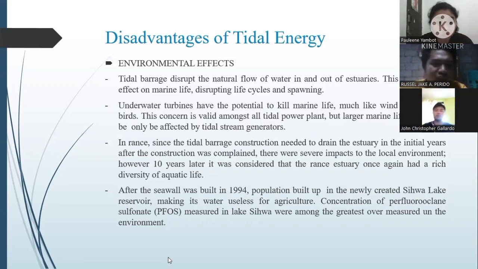However, 10 years later, it was considered that the Rance estuary once again had a rich diversity of aquatic life. After the seawall was built in 1994, pollution built up in the newly created seawall lake reservoir, making its water useless for agriculture.